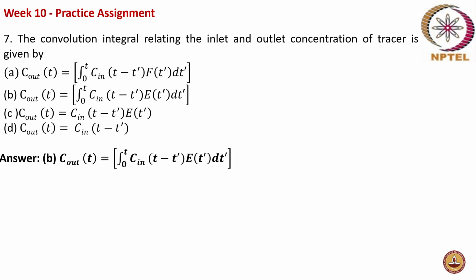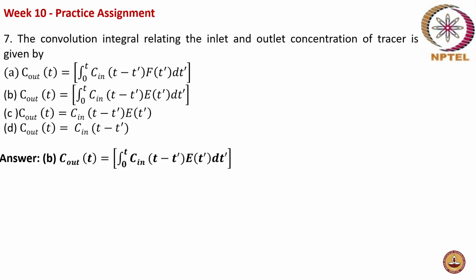That means your output concentration will be the inlet concentration that has entered the reactor before t, or t prime time units, and then the exit age distribution of that at t prime time. Okay, this is what is the answer.